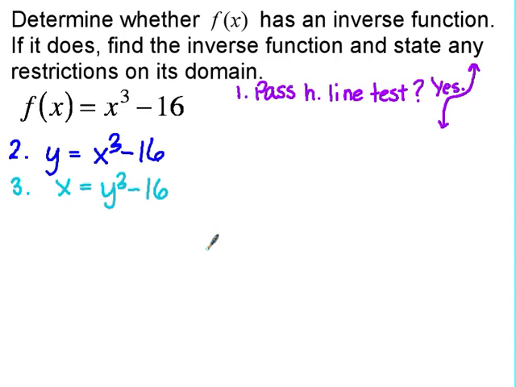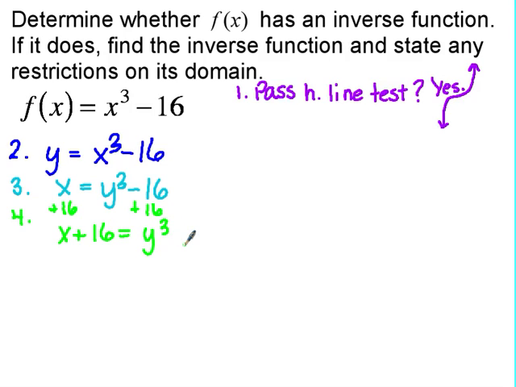All right, so now your next step is going to be to solve for y. So we need to get y all by itself. So what's the first thing I'm going to do to solve that for y? Add 16, very good. So I'm going to add 16 to both sides. So I end up getting x plus 16 equals y cubed.